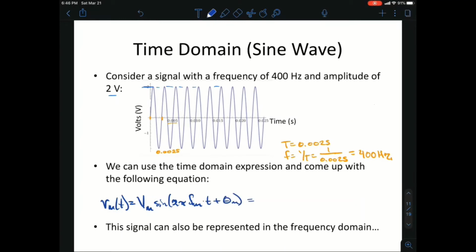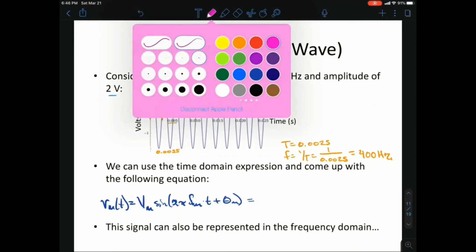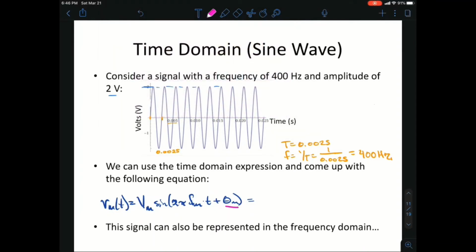And because we know that theta sub m equals 0, f sub m equals 400, and capital V sub m equals 2 volts, we're able to write this equation as 2 sine of 2 pi times 400 times t, and that's all there is to it.